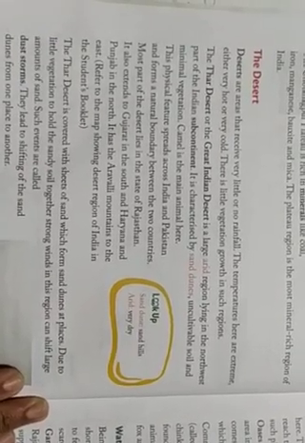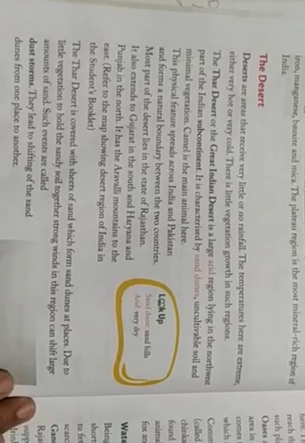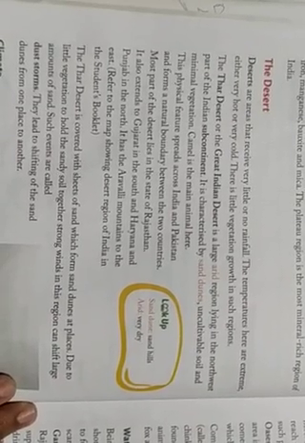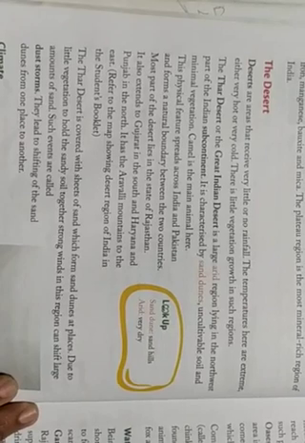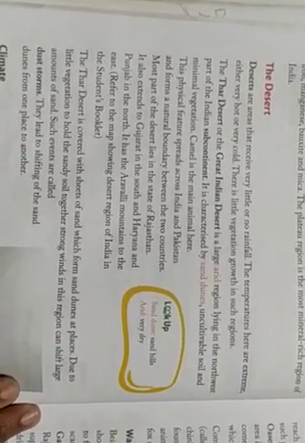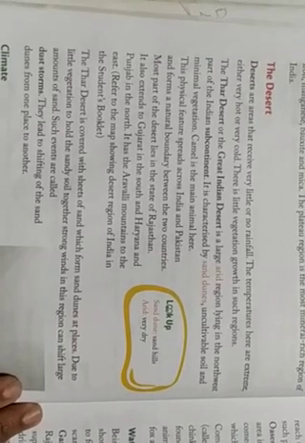Yes, children. So the Thar Desert or Great Indian Desert is a large arid region lying in the northwest part of India, and sand dunes, uncultivable soil and minimal vegetation are the main characteristics of this Thar Desert. Camel is the main animal here.